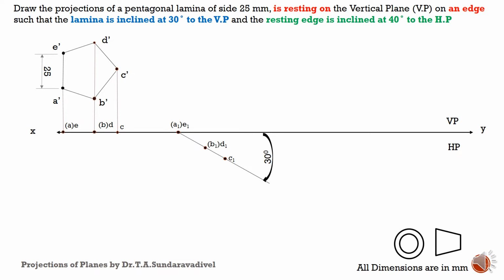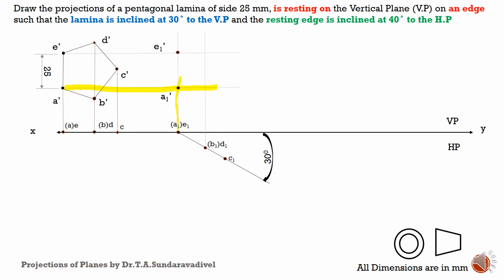Then I will be projecting all the points. So here I am projecting A and A, and I will be joining this junction, which I will name A1 dash. The junction of A and A I will get A1 dash. Similarly, the junction of E and E, I will get E1 dash.